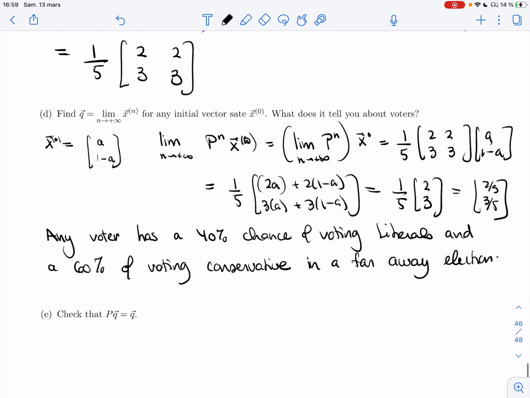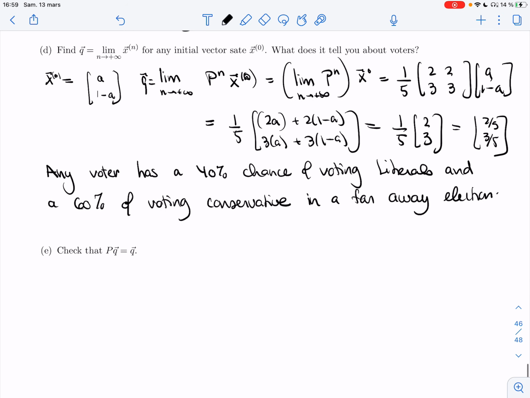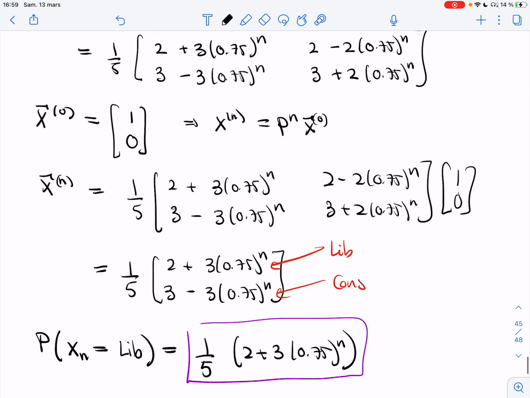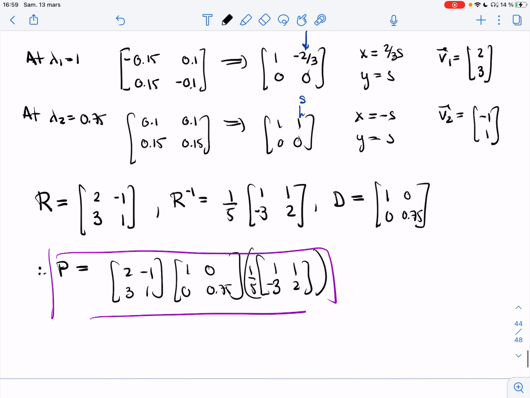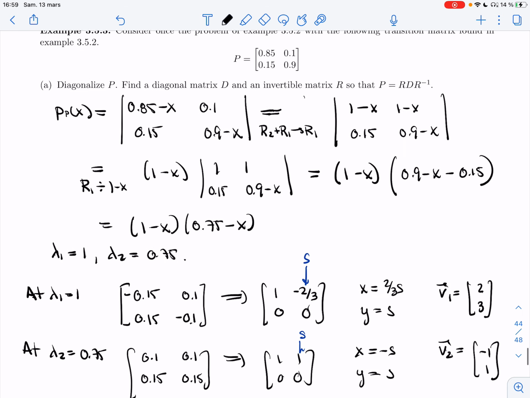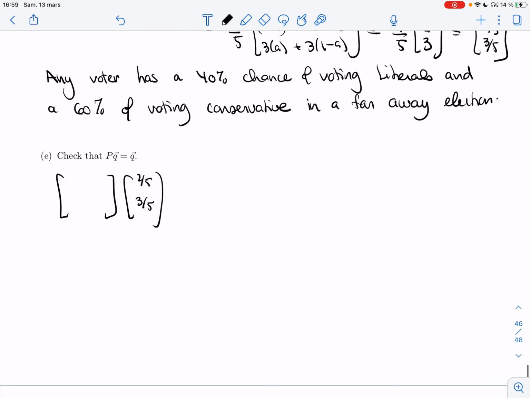All right, so I found my Q right here. One thing I want to check is that if I multiply that Q by P, I'm going to get Q again. All right, so Q is (2/5, 3/5). What was P? P was 0.85, 0.1, and then you fill it up knowing that the columns add up to 1.